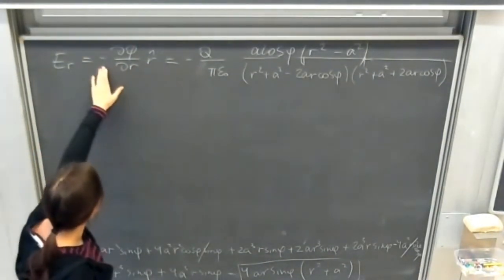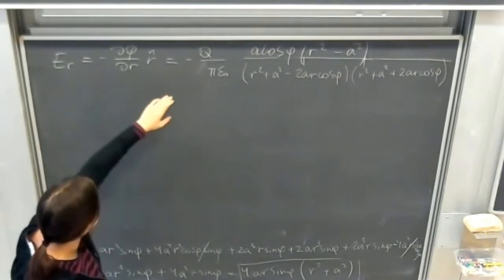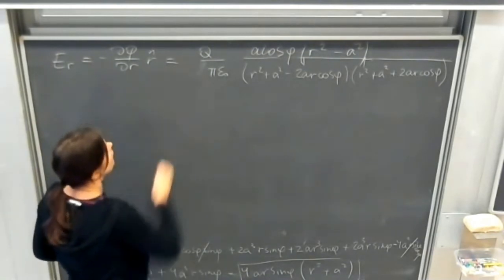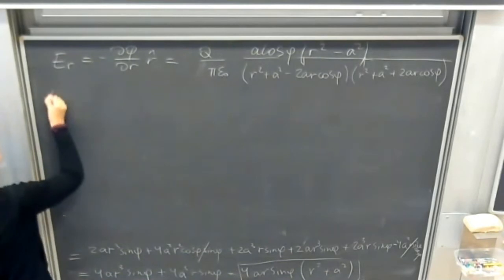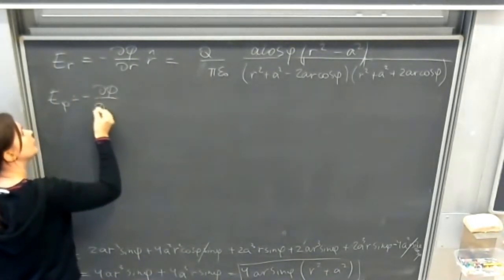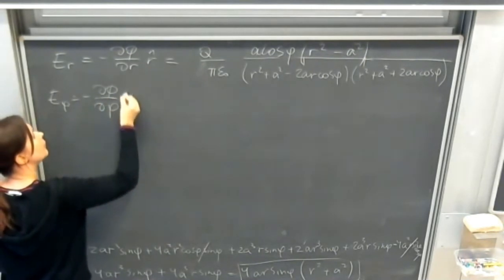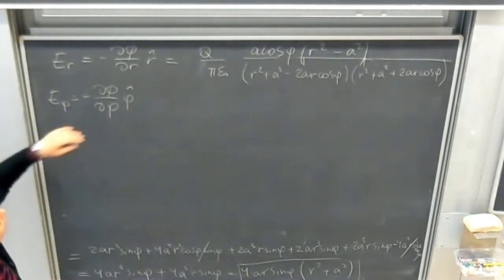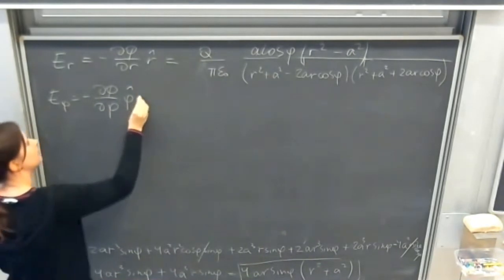Minus here, and the minus for the potential is here plus. And here we also have 1 divided by r.